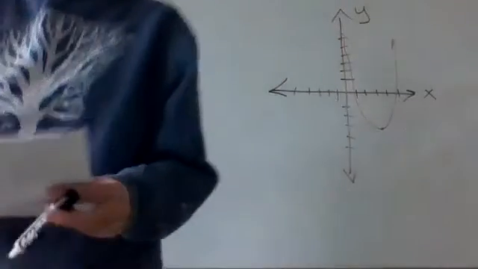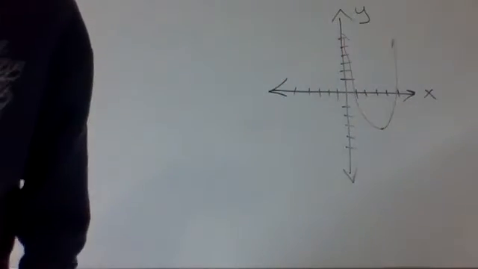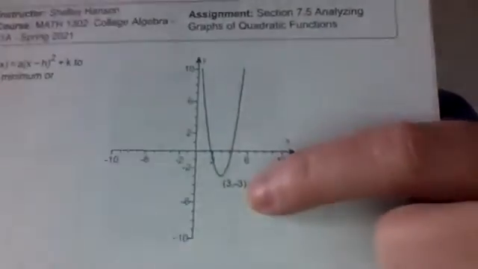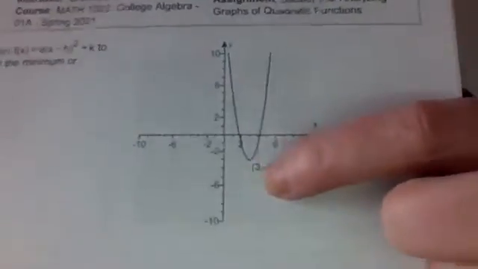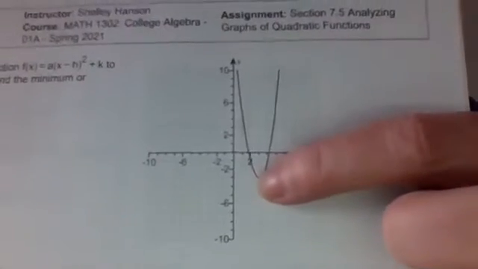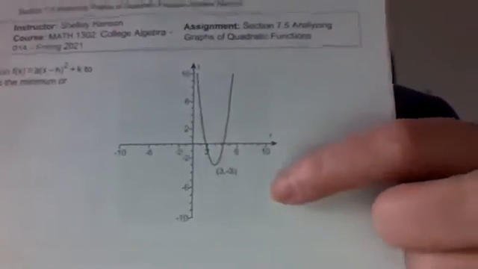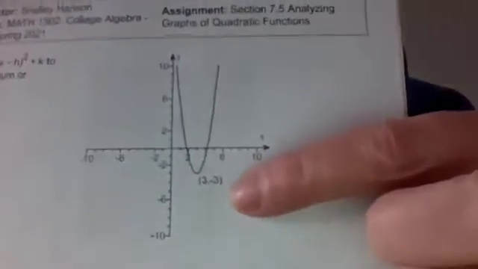So it looks like this. On this one, it actually gives you the point where the vertex is. This ordered pair that they're showing right here is actually naming that vertex right there. So the vertex is at (3, -3).